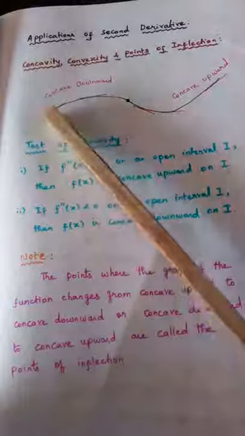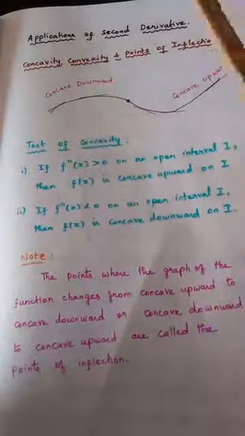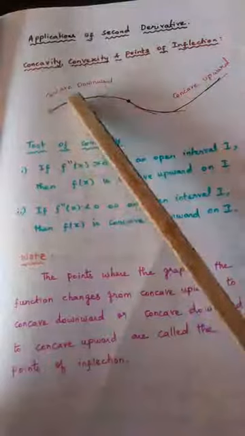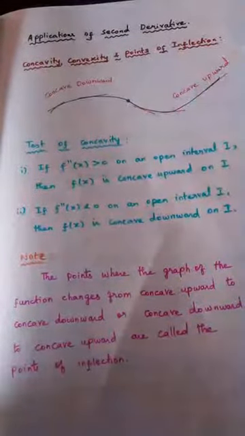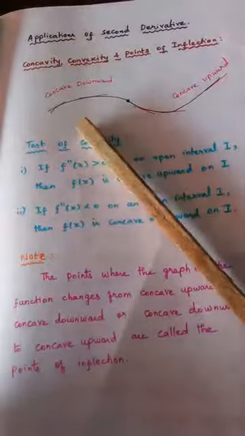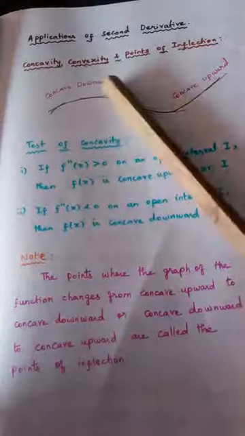Imagine that this is a curve. The curve is drawn here. Now if you see the first portion, the tangent drawn at each point lies above the curve. At various points I have drawn the tangent, but the tangent lies above the curve and the curve lies below the tangent.